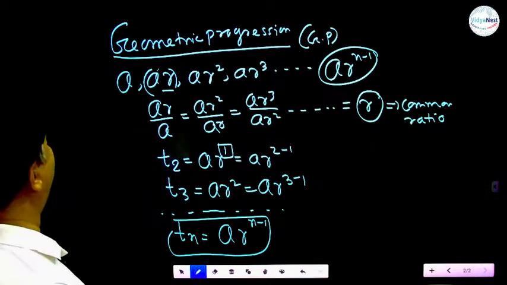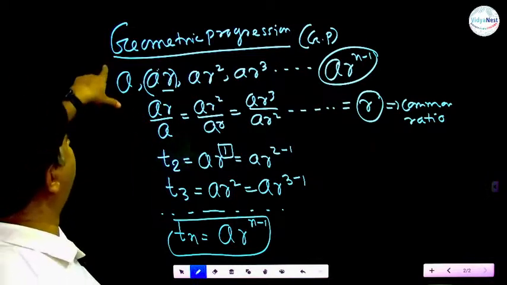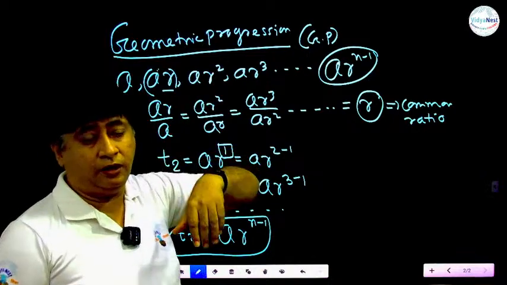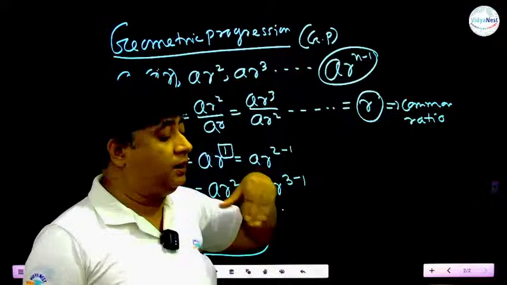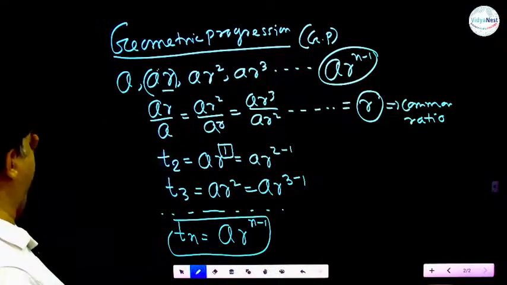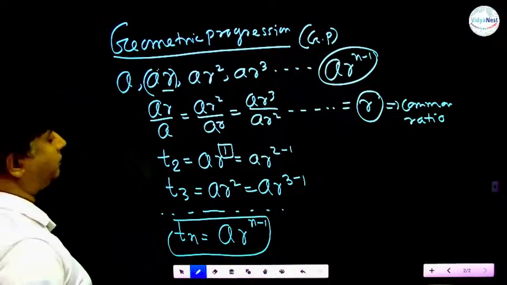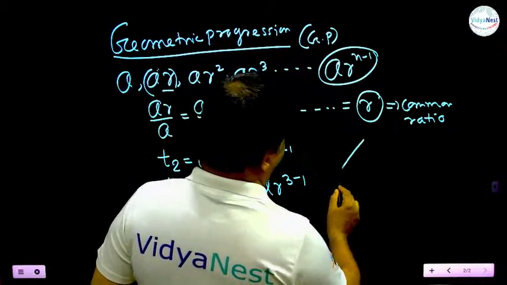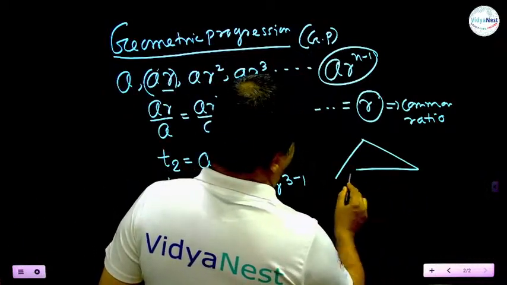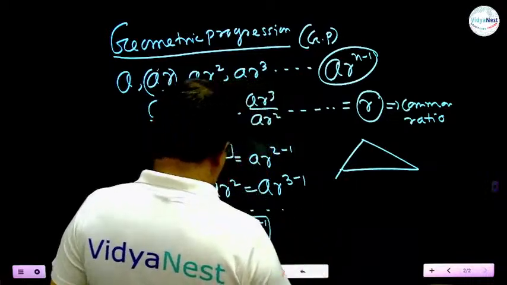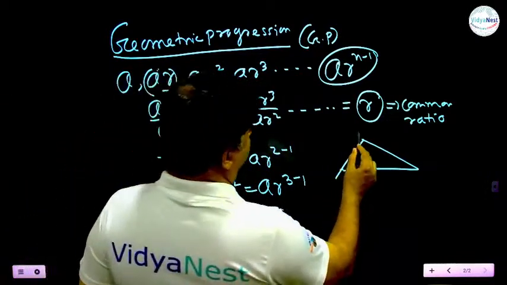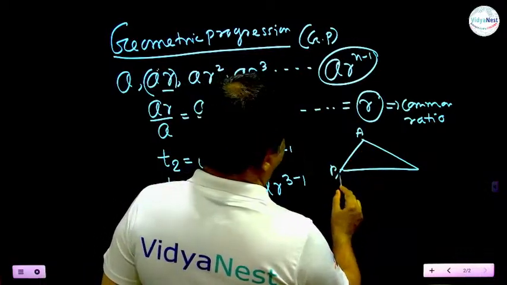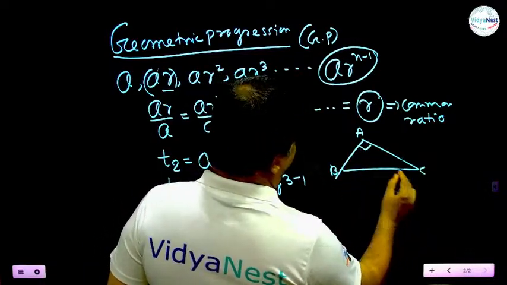Now you can ask me how it is related to geometric progression. How can I relate this algebraic series to geometry? You see, suppose there is a triangle ABC, obviously a right angle triangle.